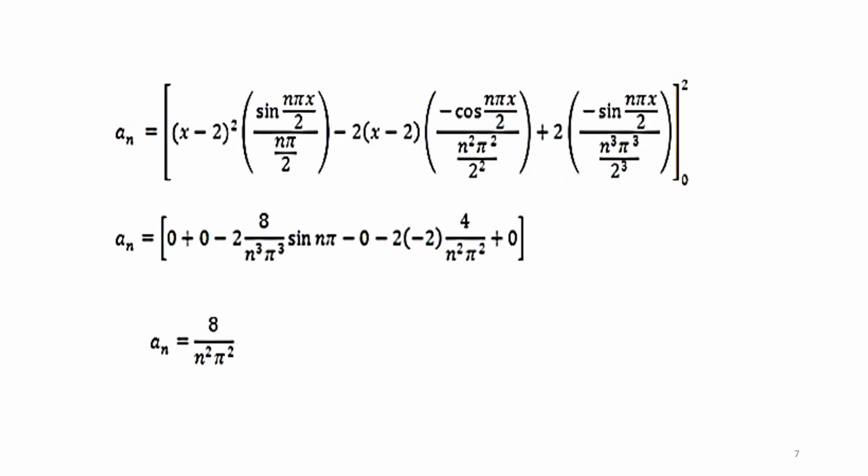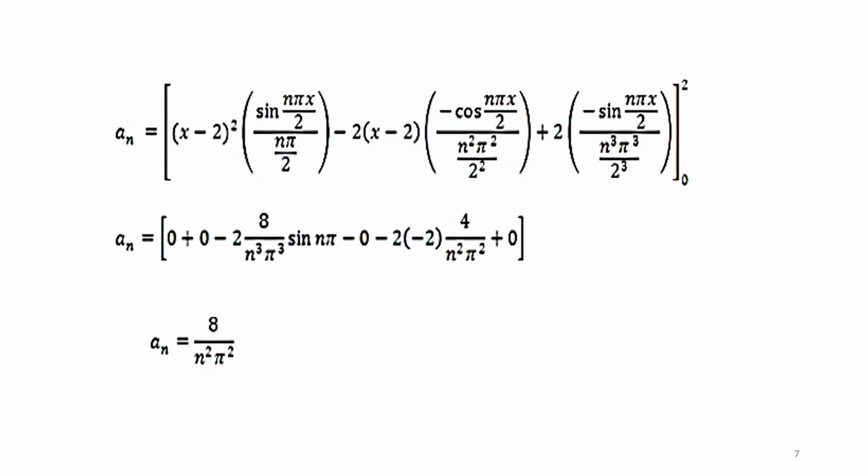If you substitute 0, you will get 0 minus 2 the whole square into sin 0 divided by n pi by 2, minus 2 into 0 minus 2 into minus cos n pi divided by n square pi square by 2 square, plus 2 into sin 0 divided by n cube pi cube by 2 cube. You know that sin n pi value is 0, so it automatically becomes 0.